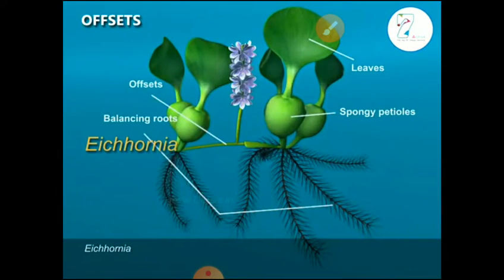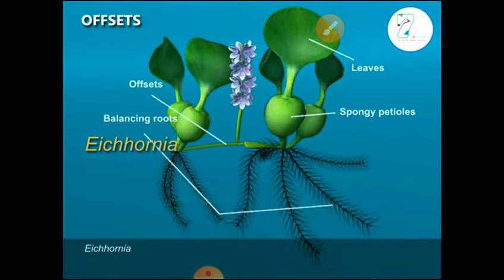Next we can discuss the terror of Bengal. Water hyacinth or Eichhornia we are calling the terror of Bengal because water hyacinth is one of the fastest growing weeds found in standing water of ponds and lakes. It floats in water with the help of spongy and inflated petioles of leaves.